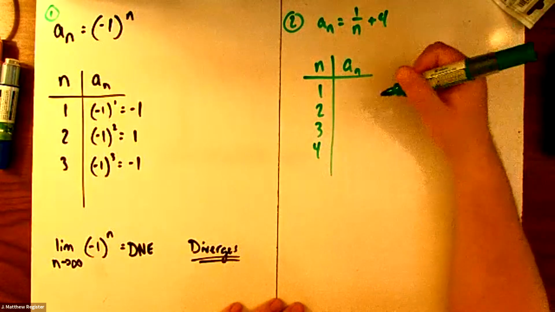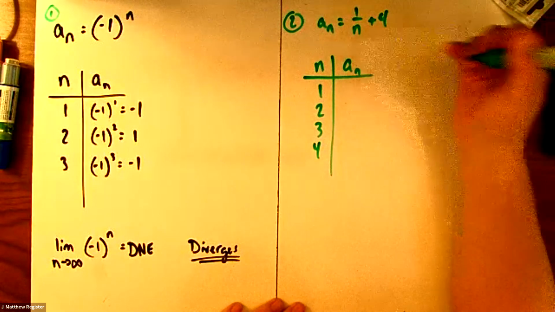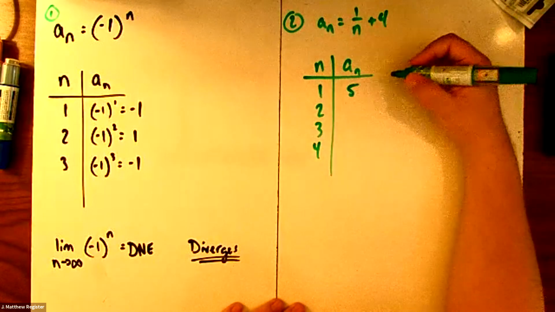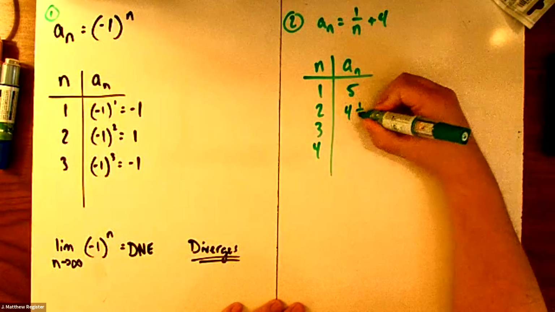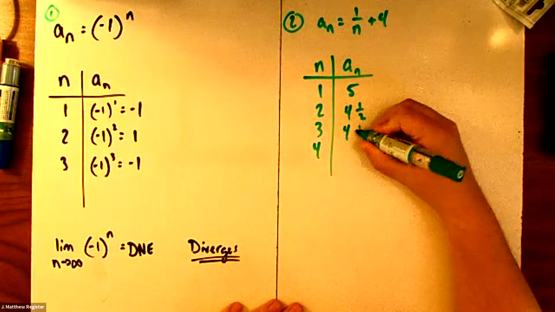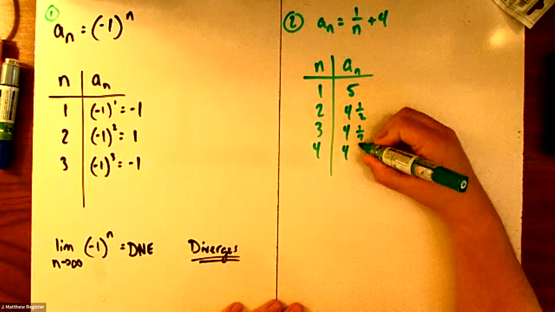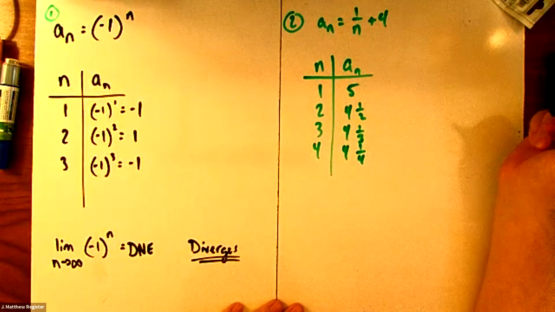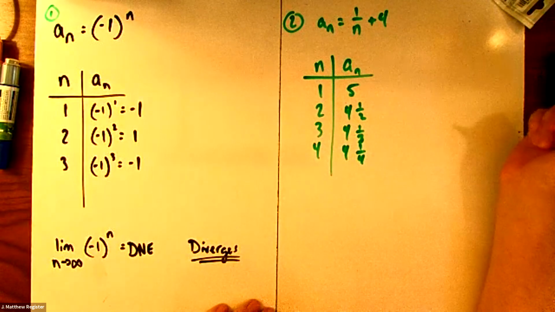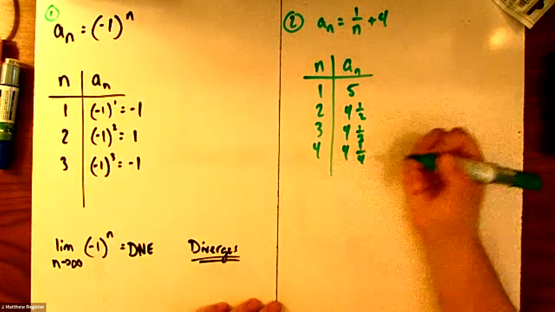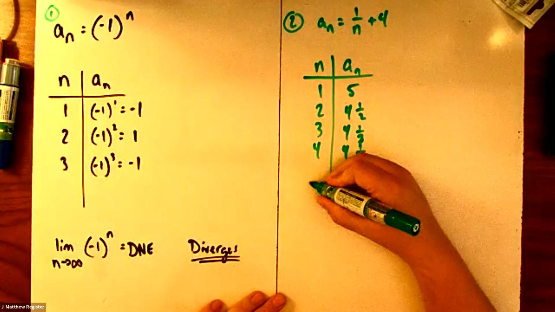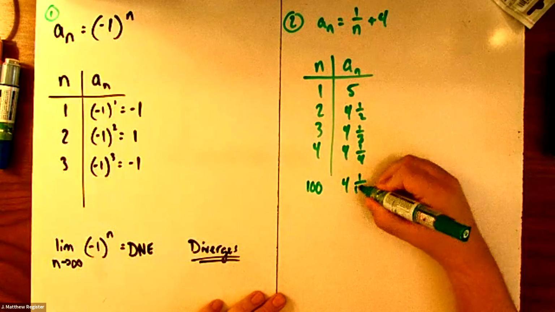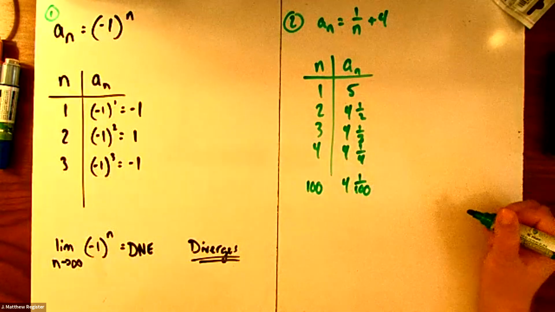At 1, we get 1 over 1 plus 4, which is 5. At 2, we get half plus 4, which is 4.5. Then 4 and a third, then 4 and a fourth, and so on. If we continue this pattern, at 100 it would be 4 and 1/100th.